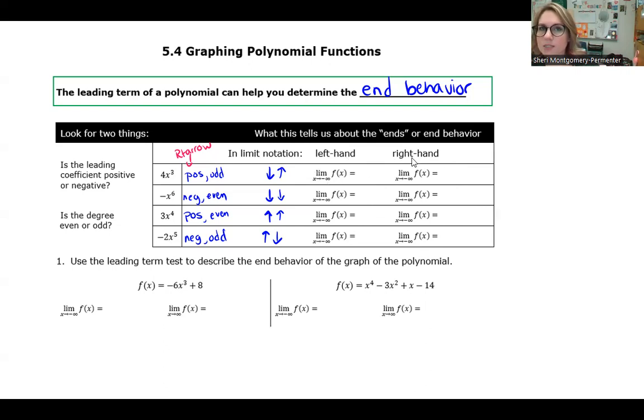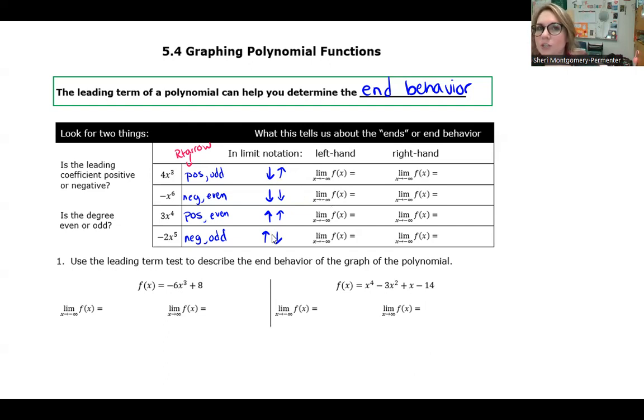The way that you read these, it says the limit as my x approaches, the arrow means approaches, negative infinity for my graph. That sounds very mathy, but all it's asking is, which way is the left arrow pointing? Which way is the right arrow pointing?